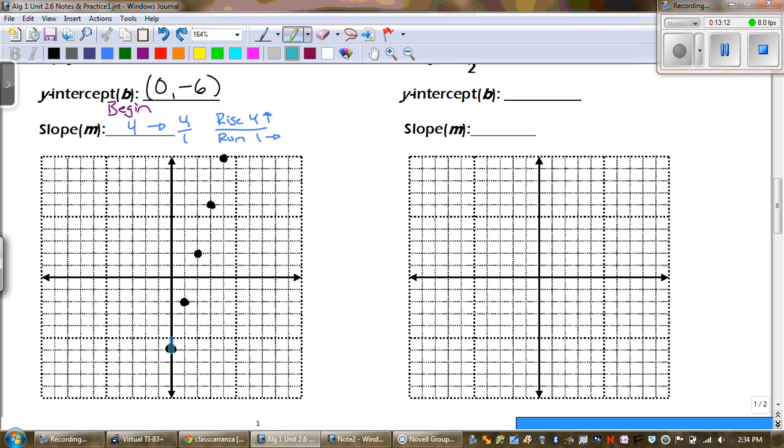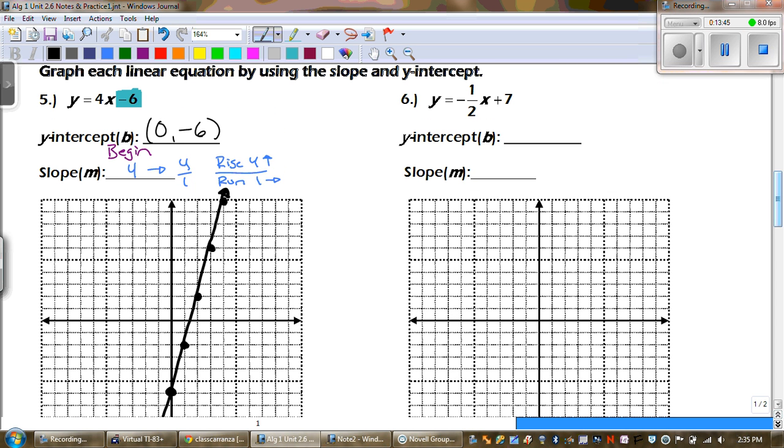So technically, I can do one more point to the left over here, and I'm just going to continue the pattern, and there we go. Okay? So the last step to do is to draw your line. The nice thing about when you draw your graph like this, you already are going all the way through the entire length, so Ms. Carranza and I won't be yelling at you to finish your graph. Okay?